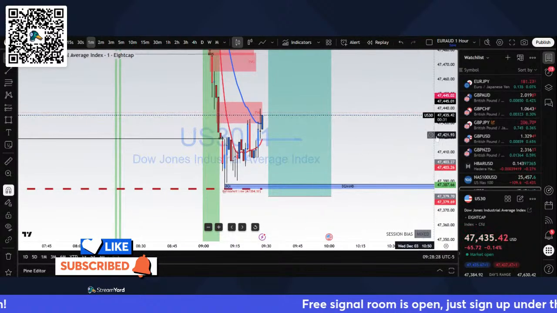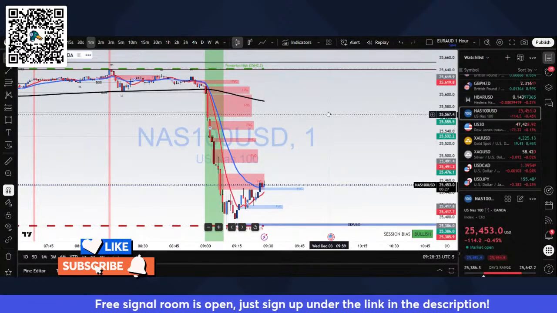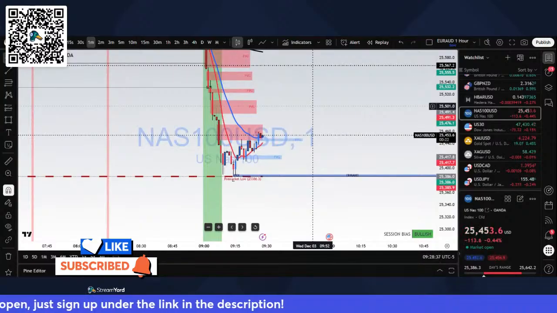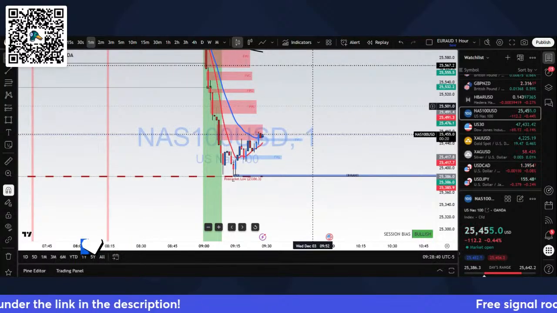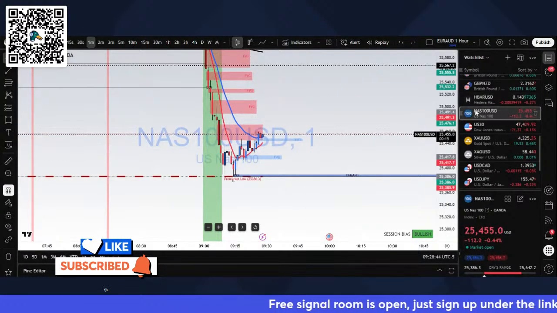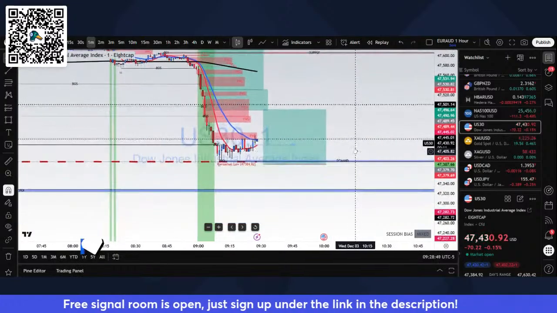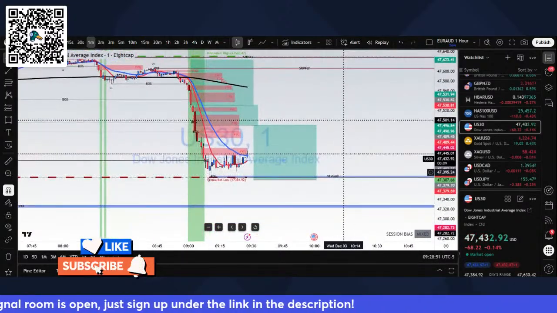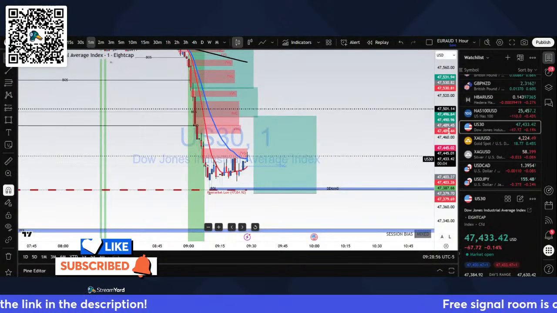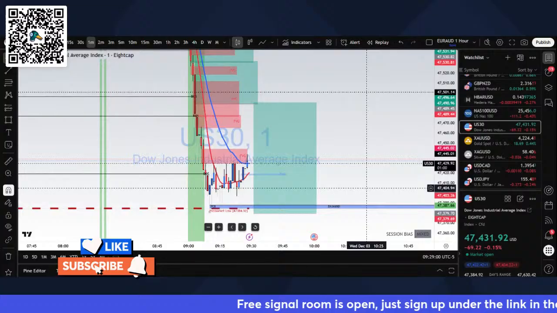Let me check NAS. So far, we haven't violated that fair value gap. It could still drop.